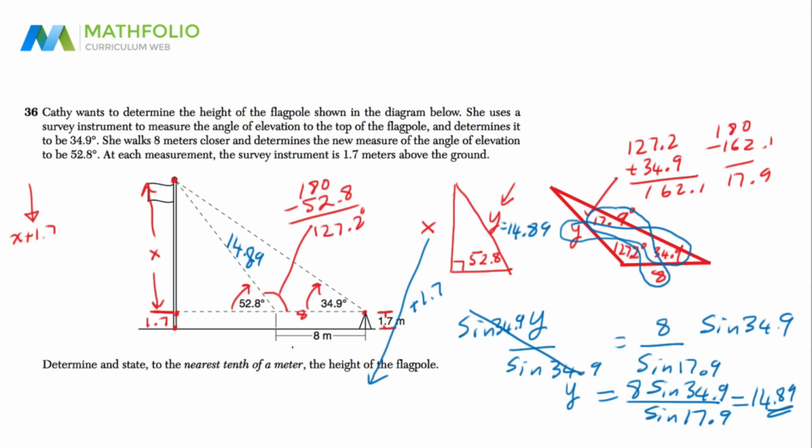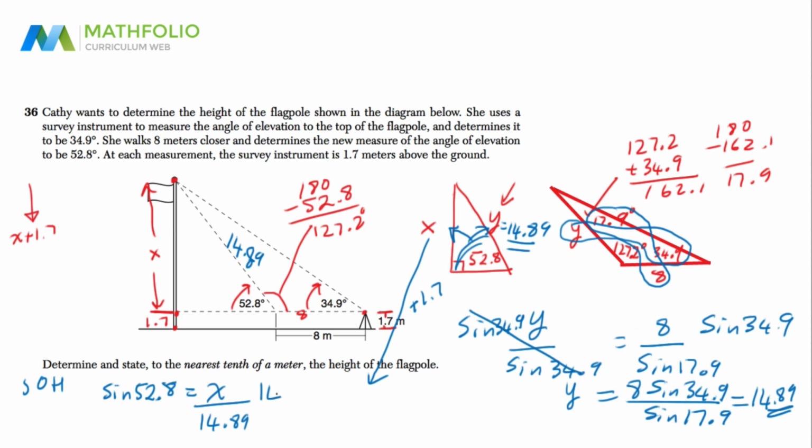So in this triangle, we've got the 52.8, we've got the opposite, and we now know the hypotenuse. When you're dealing with the opposite and the hypotenuse, you're dealing with sine. So sine of 52.8 equals opposite, which is x, all over hypotenuse, which is 14.89. Now I've got the whole number on my calculator screen, 14.89203981.